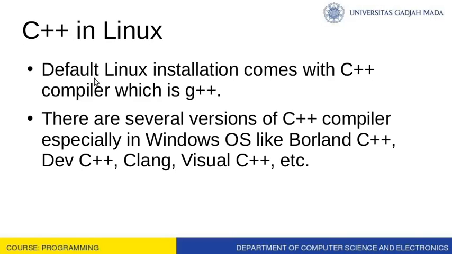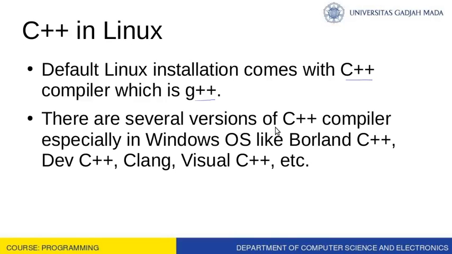If you install Linux operating system, then by default you will have C++ compiler, and the name of the C++ compiler is G++, small g, because in the Linux it is case sensitive, so you have to be careful with a capital letter or small letter.